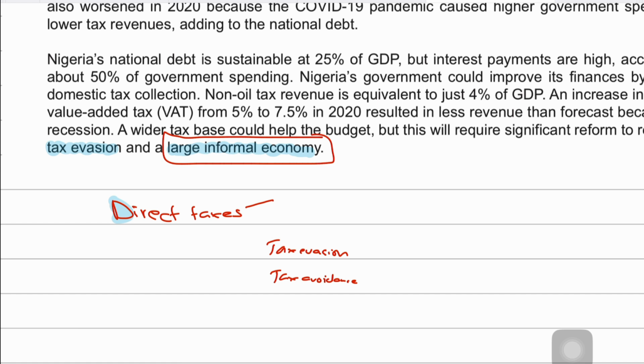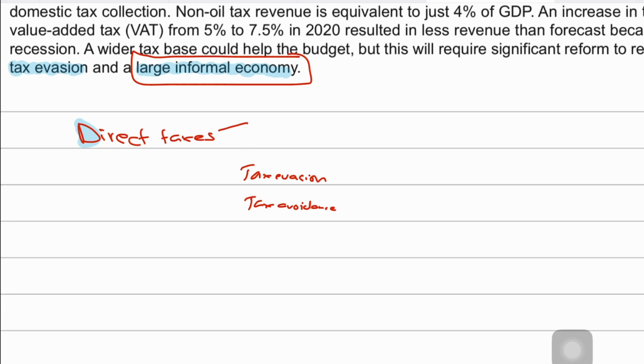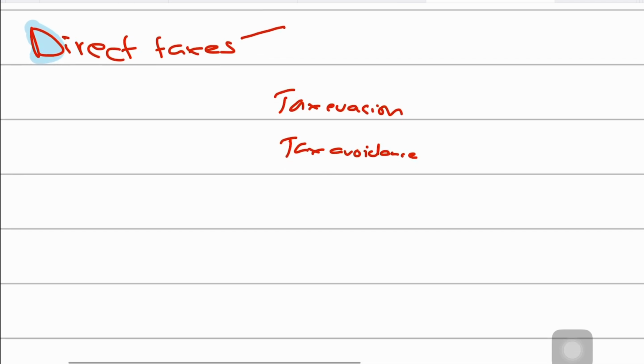So if the informal economy is generating millions in revenue, incomes and profits, then much of that goes undocumented, and so it's very easy to avoid taxes on the incomes generated by the shadow economy, the informal economy or the undocumented economy. So in that context, you could say that the effectiveness of direct taxes would reduce if you have a large informal economy, right?